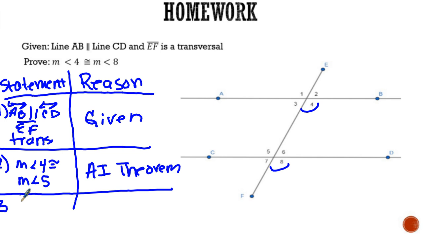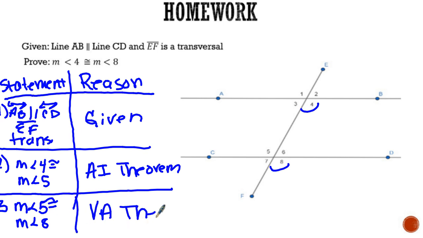Okay, so now I can say that 4 and 5 are the same. So now my next reason, I can say the measure of 5 is going to be the same as the measure of 8. They're congruent, and that reason is my vertical angle theorem.